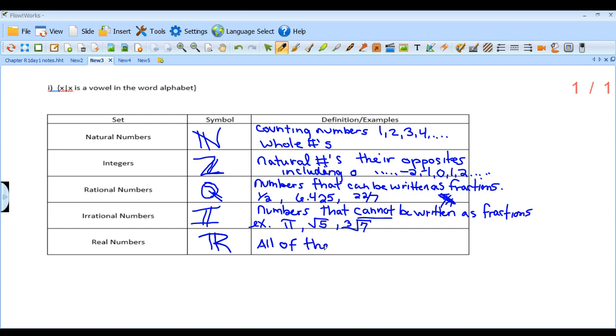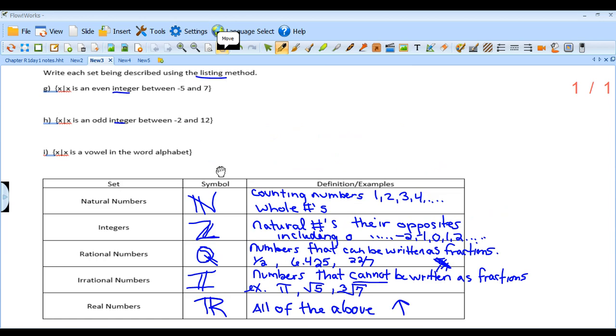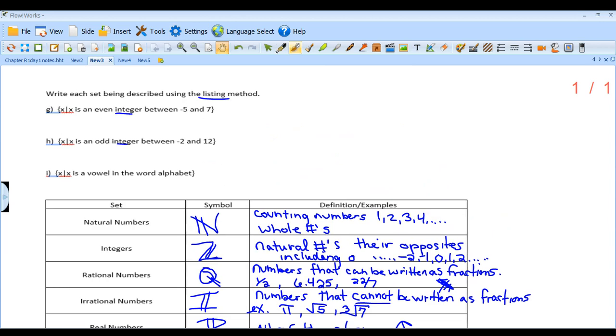All of the above. That includes all our natural numbers, our integers, our rational and irrational numbers. All right, so taking that and knowing what we know about integers now, let's go ahead and try these examples.